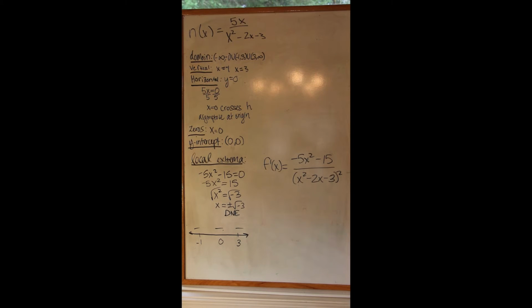Then for the local extrema, first we had to find the derivative, which was negative 5x squared minus 15 over x squared minus 2x minus 3, squared. So for finding the local extrema, we set the numerator equal to 0, and from that we found x equals plus or minus root -3, which doesn't exist.